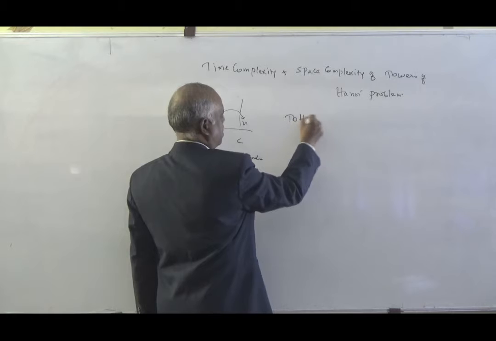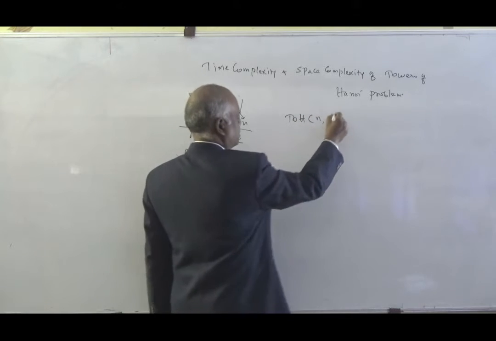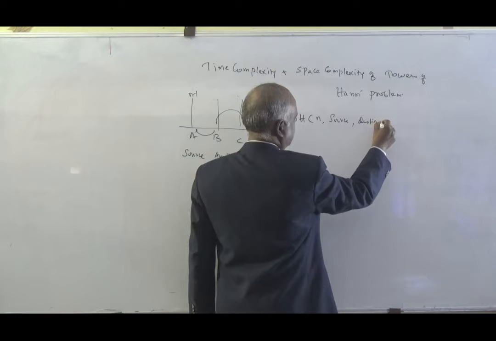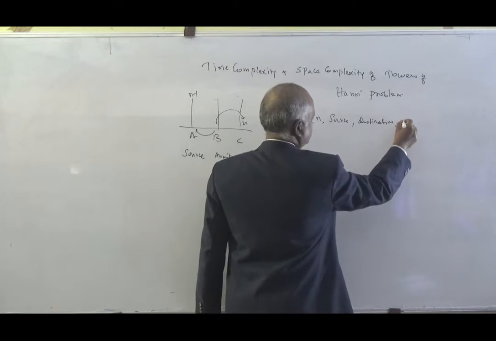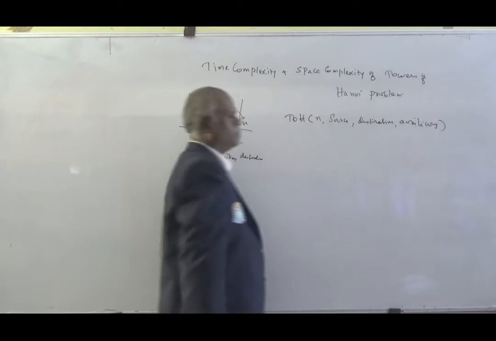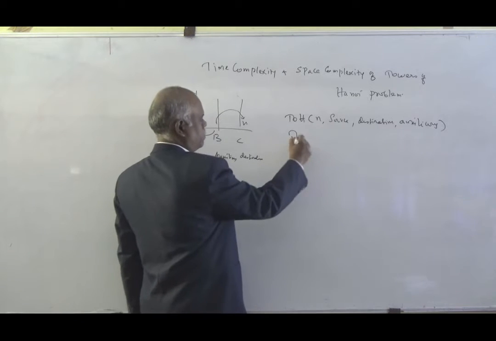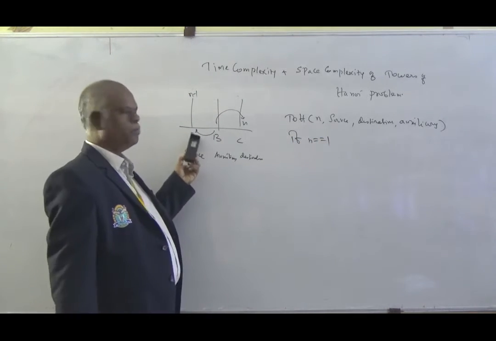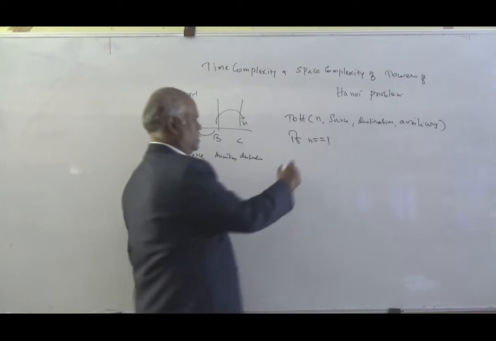Towers of Hanoi, n disks, source to destination using auxiliary. This is the procedure. If n is equal to 1, the solution is to move the disk from A to C, that is, source to destination.